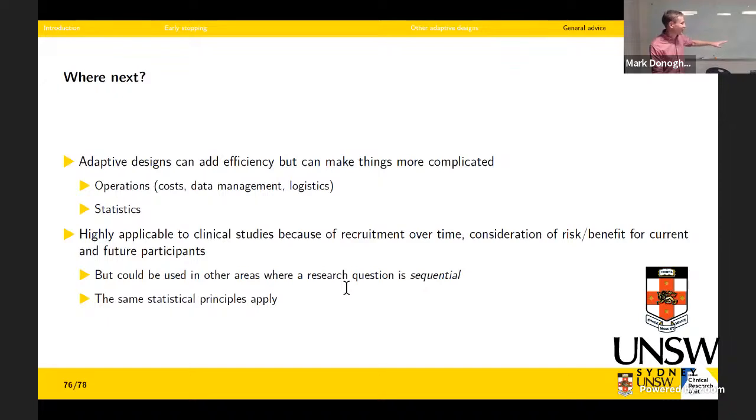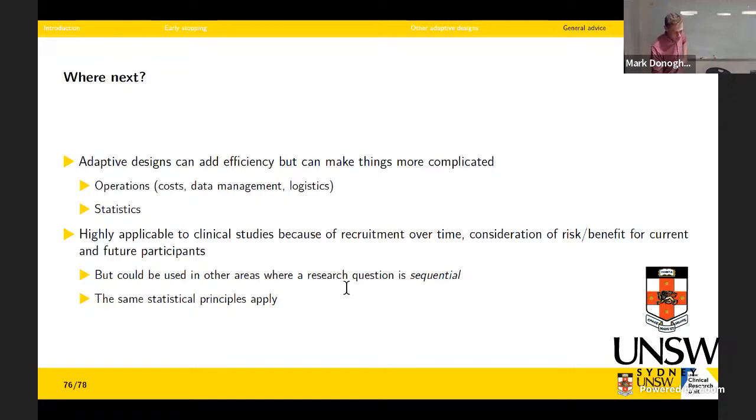I know the title said clinical and other studies, and I've only talked about clinical studies. The reason is this is most applicable to clinical studies because typically you've got ongoing recruitment and you can stop midway through and make a decision, instead of, say, an engineering study where you've got all your samples at the start.